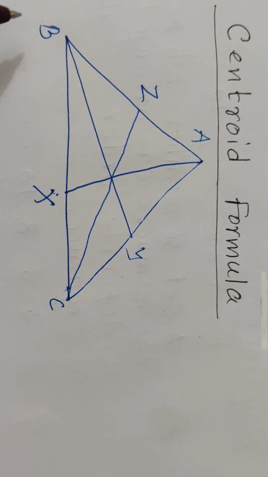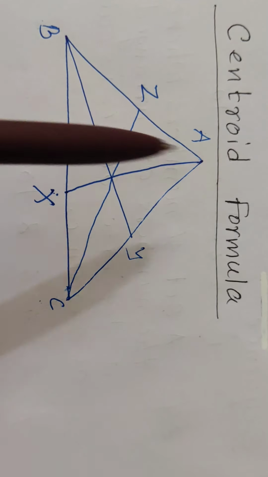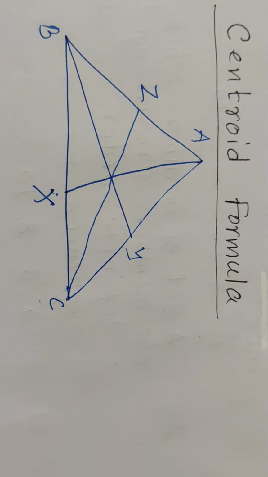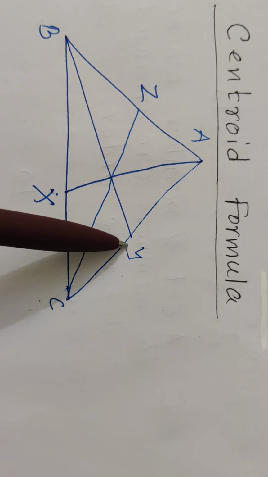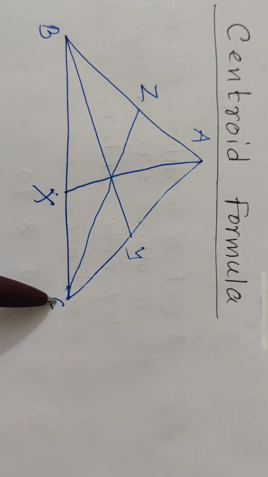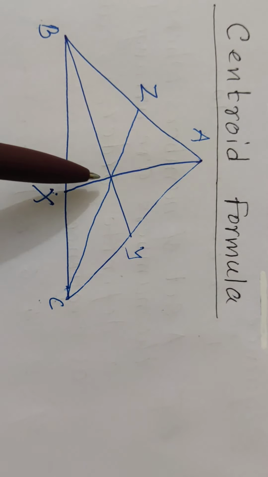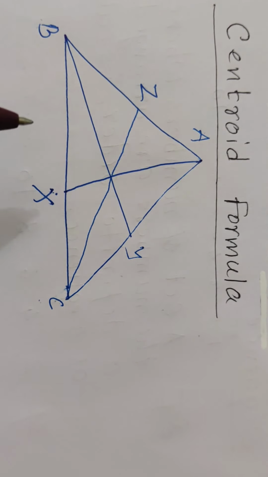So A is the vertex, the opposite side is BC, and X is the midpoint of BC. So AX is a median. Similarly, BY is also a median and CZ is also a median. Each triangle has three medians, and these three medians are concurrent. Concurrent means they intersect each other in one point.